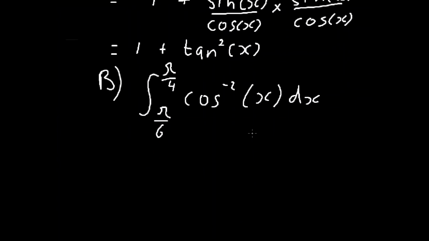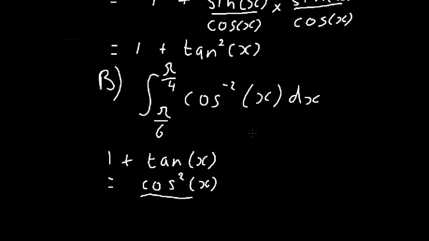So in this case here, it's going to be cos, so in this case, we're going to convert 1 plus tan. Okay, I'm going to do another step and convert this again. That is like saying, so 1 divided by 1, instead of writing it like that, I can write it as cos squared divided by cos squared.